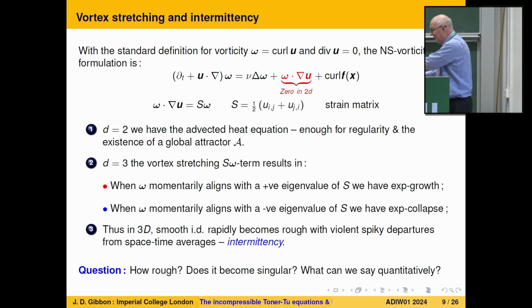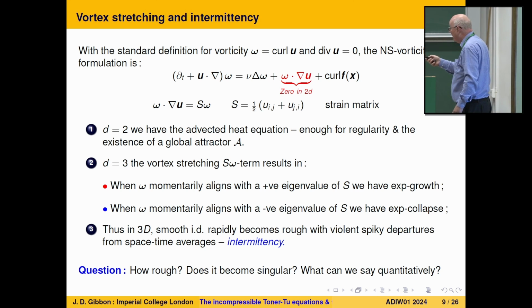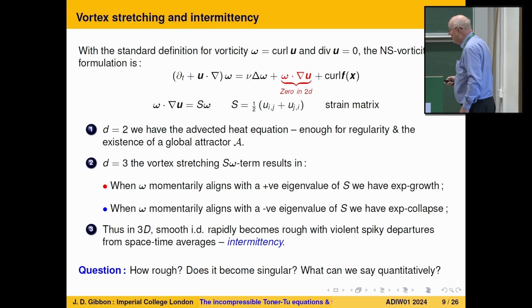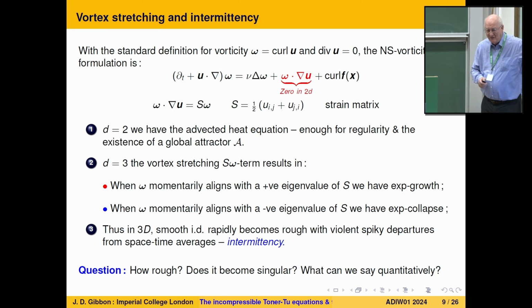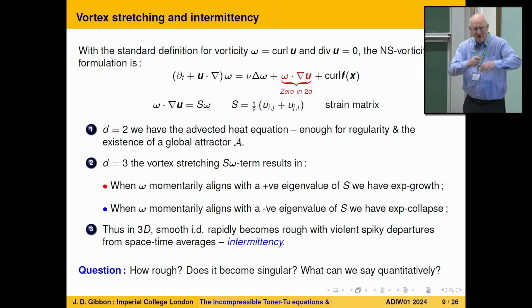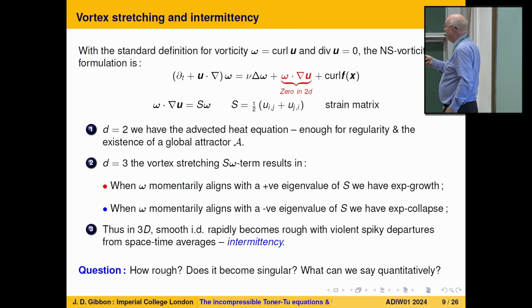Omega points upwards, grad is in the plane, so it's 0. And so, in effect, what you have in 2D is an advective heat equation. And you can basically get omega bounded in L, not just L2, but any LP, and regularity-wise, for the mathematician, you're home.